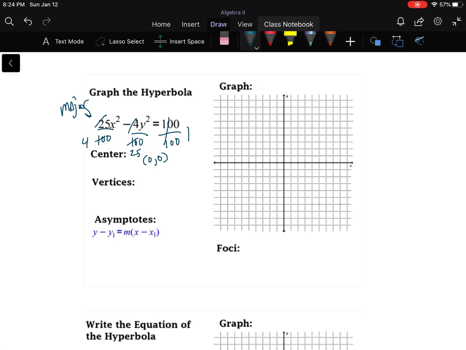Again, center is going to be 0, 0. So from my center, we'll go over 2, over 2. So my vertices, negative 2, 0, positive 2, 0. And I'm going to take the square root of 25, which is 5. So I'm going to go up 1, 2, 3, 4, 5. 1, 2, 3, 4, and 5. It's going to help me get that box.